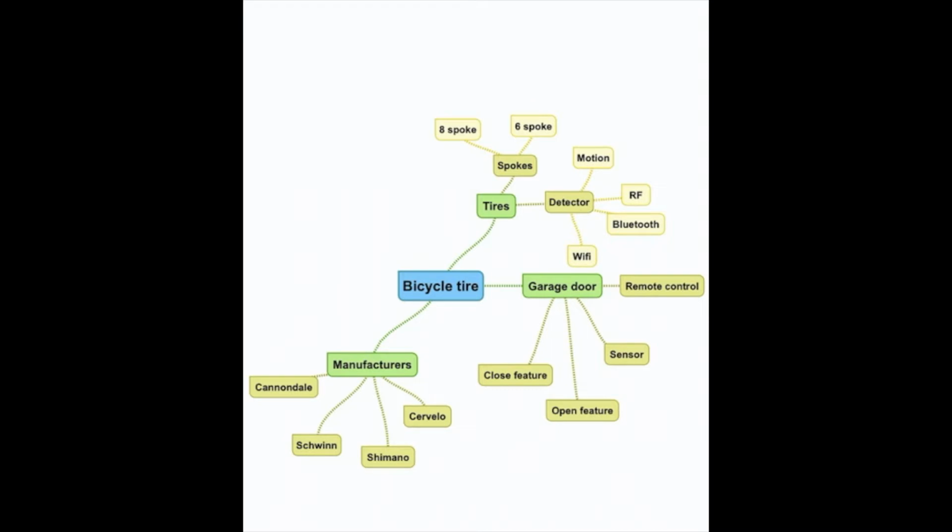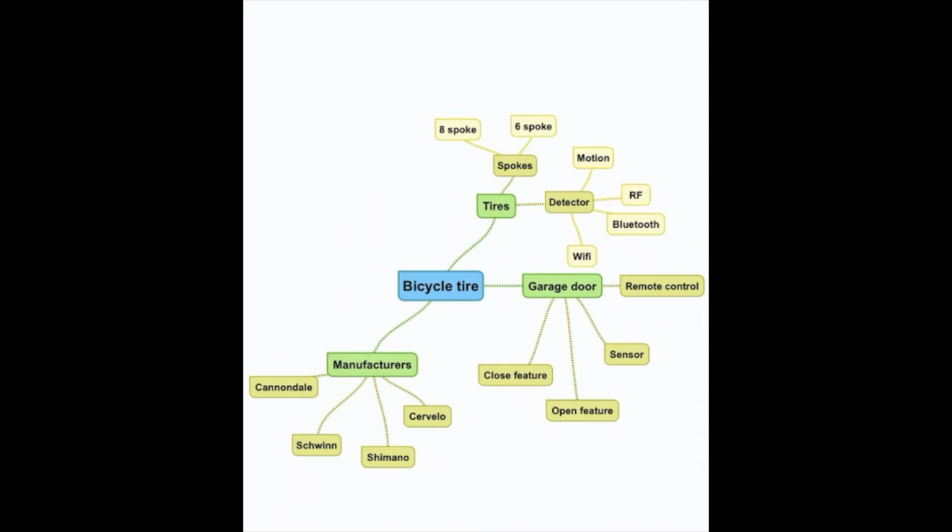So in the beginning, what you would want to ask yourself is, what's the purpose of the invention? Is it a utilitarian device, or does it have an ornamental design? And for our example, we have a utilitarian function. And so in the brainstorming, you've got the bicycle tire. I broke it down into the tires, has spokes.